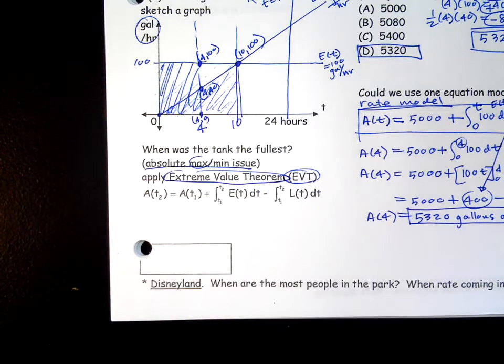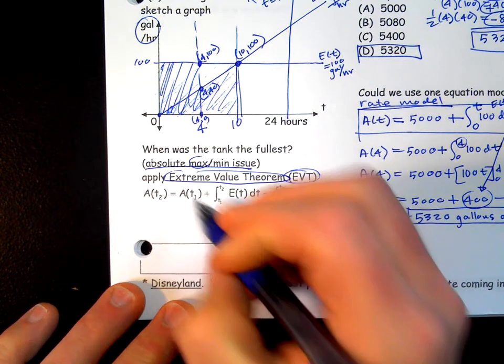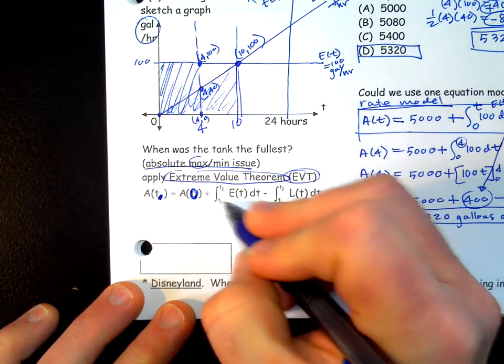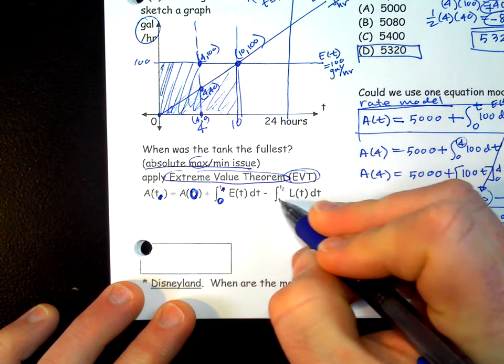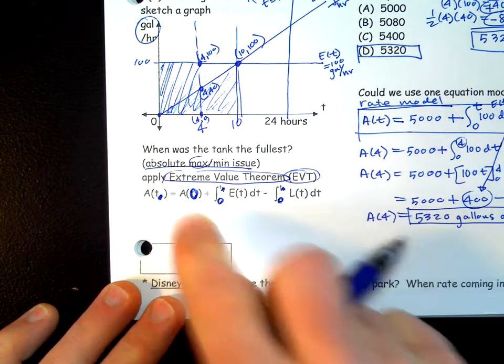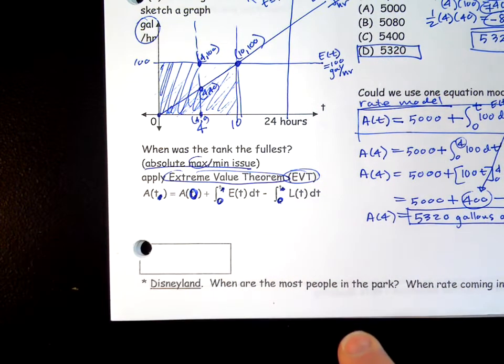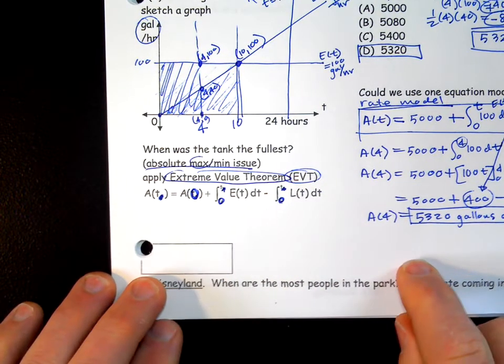Last couple chapters, I don't think I've asked you for it because we've been doing a lot of this area and volume stuff. So how do we do EVT? So this is just sort of the general approach. I'm not going to apply it to this problem yet. We'll do it in a second.